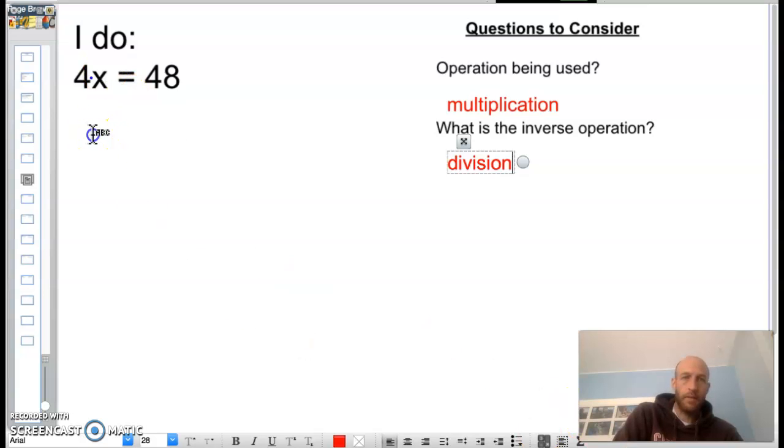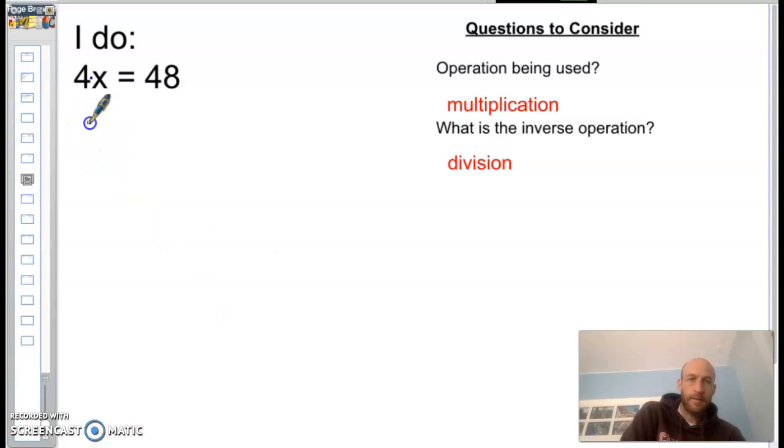So I'm going to go 48, and I want to know 4 times what equals 48, so I can use the opposite to help me figure that out. Okay, and I can use a calculator on this if I want.